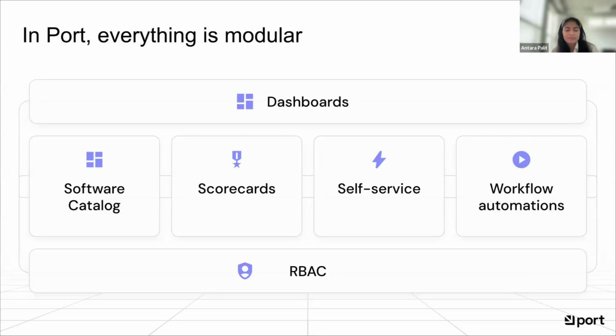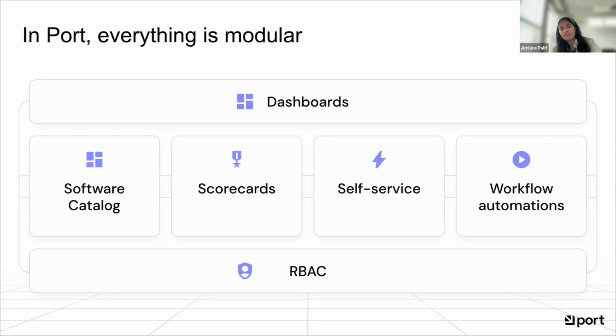Next up, we have self-service. The goal here is to make sure that developers can access what they need when they need it without filing a ticket. One click and they're good to go. But again, it's fully customizable. We don't dictate the workflows. You design them to fit your team's needs.